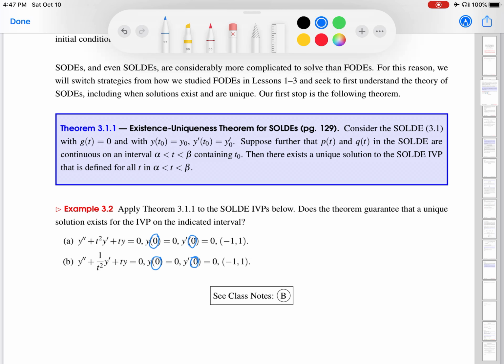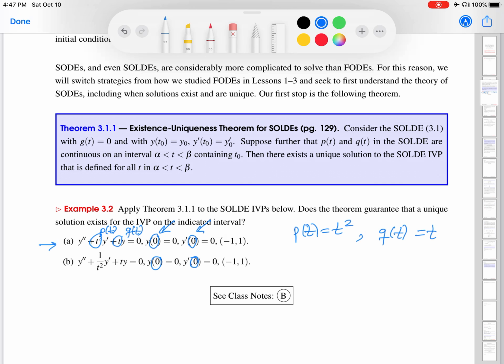Let's look at the first part of this example. This is the P of t function, and this is the Q of t function. P of t here, t squared, is a polynomial that's defined for all t. It's continuous for all t, I should say. And Q of t equals t, same thing, another polynomial continuous for all t. So in particular, they are continuous at t equals 0.